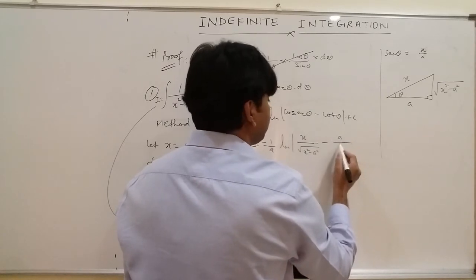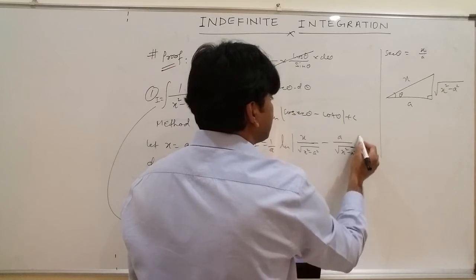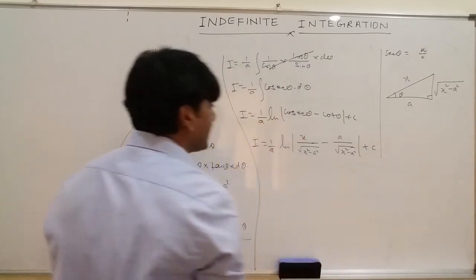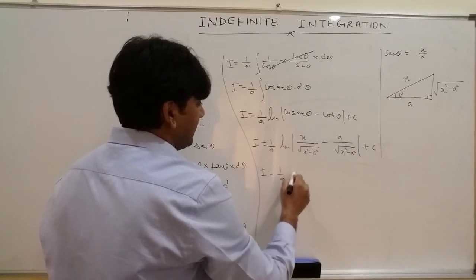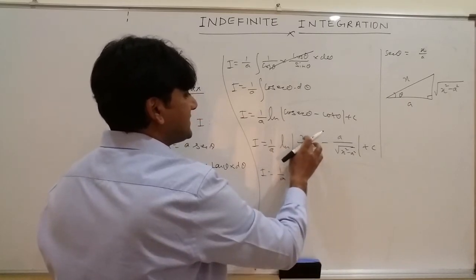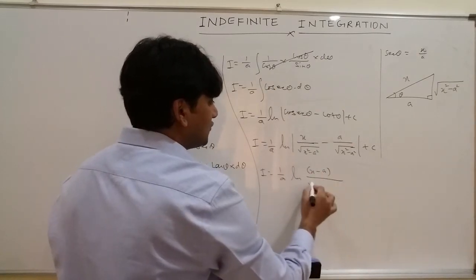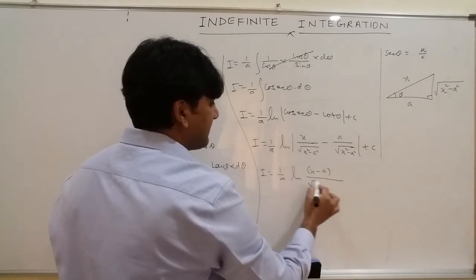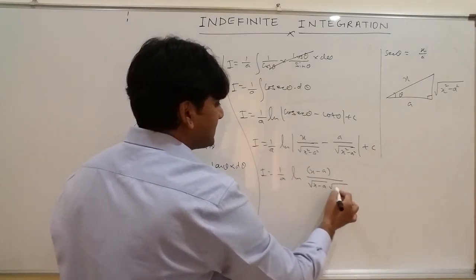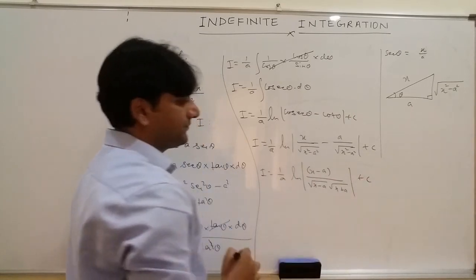So a over perpendicular, root x square minus a square, and plus c. So now I got I equals 1 over a ln, this is x minus a and this is root x square minus a square, which I will write as root x minus a times root x plus a, plus c.